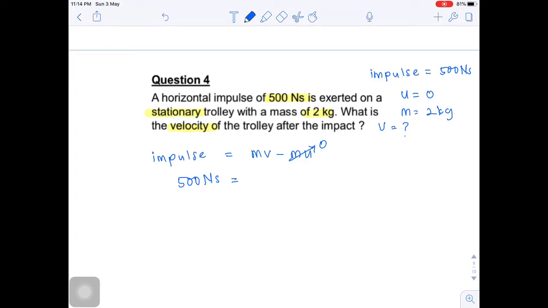So let's substitute. The mass is 2 kilogram and v is the unknown. So v equal to 500 divided by 2, we get 250 meter per second. So this is the final answer. The final answer must be written with the correct SI unit.